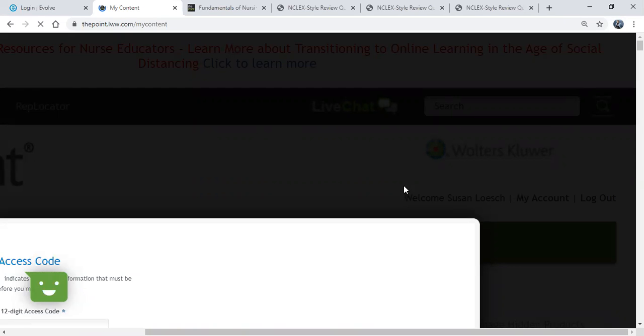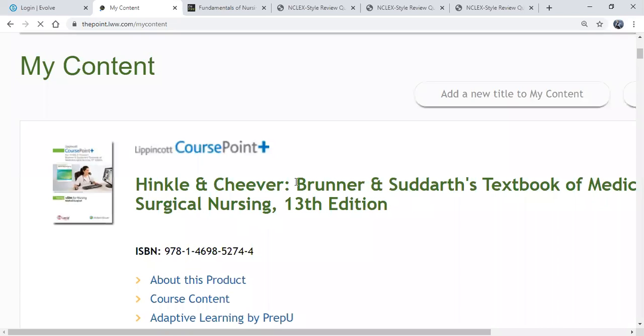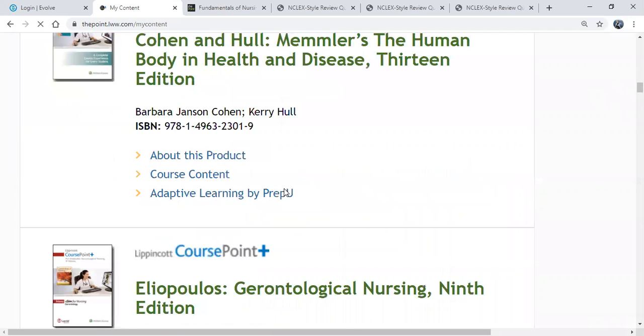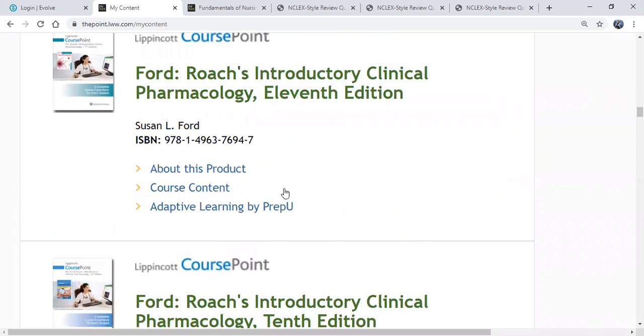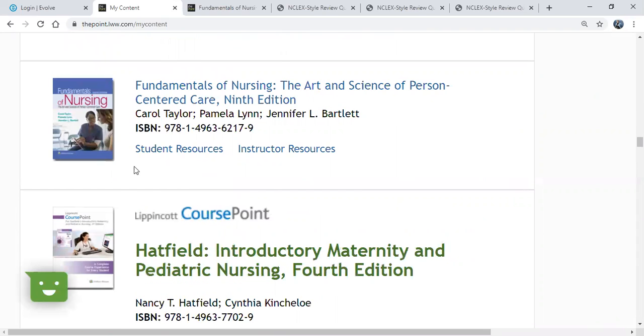Do you have your code scratched off? Yes. Okay, so go in there and add a new title. And then when it pops up, it's going to look like this. So it's not Prep U like this. This isn't Prep U. Okay. You'll get this purple book on your screen.